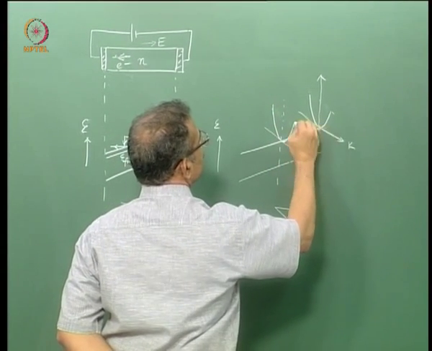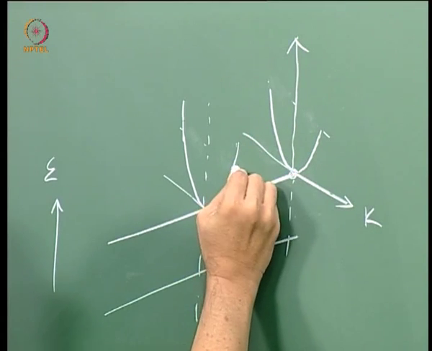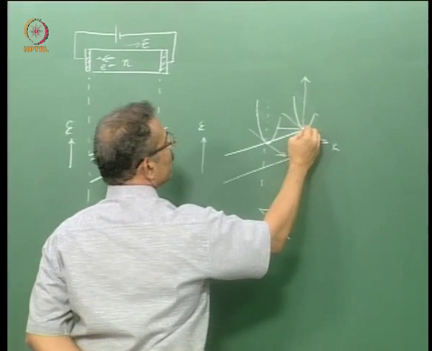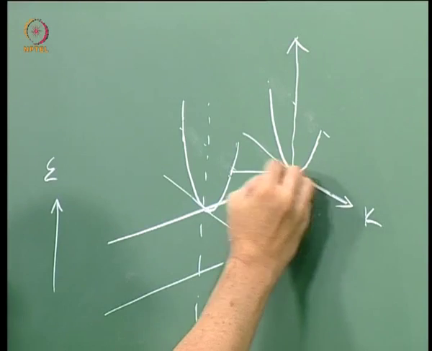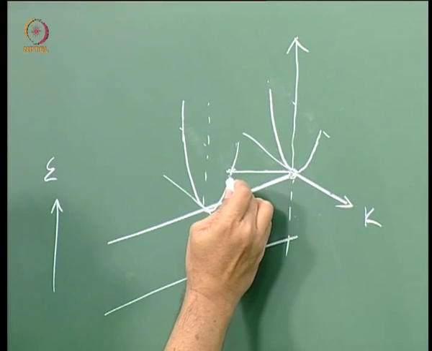Now an electron starts from here and it moves in this direction. So this part, when I want to show it on the EK diagram also, then it is moving like this. At each point you can draw an EK diagram.